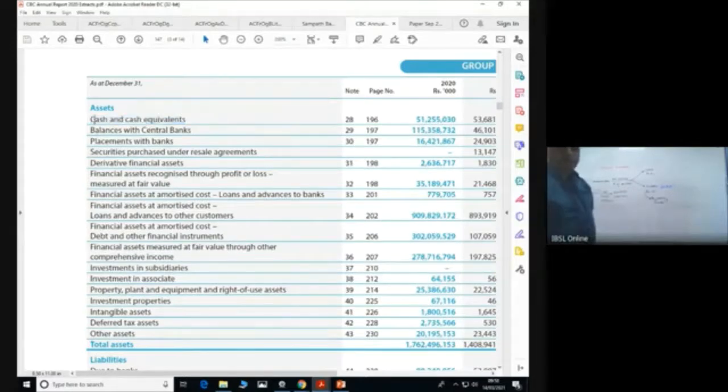The most liquid item is here, and when you go down, you see property, plant and equipment, investment properties, other assets. So in the order of decreasing liquidity. But a trading company other than a financial institution will be in the order of increasing liquidity. Okay, so let's make a note there.